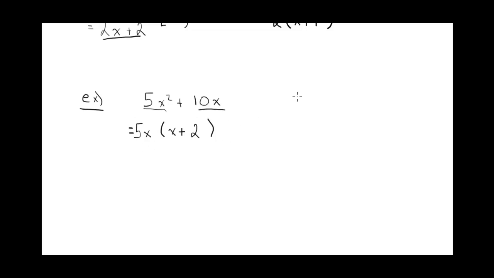And you can just check by doing the reverse, by expanding. If we expand 5x times (x plus 2), just using the distributive property, 5x times x is 5x squared, 5x times 2 is plus 10x, which is back to the original.